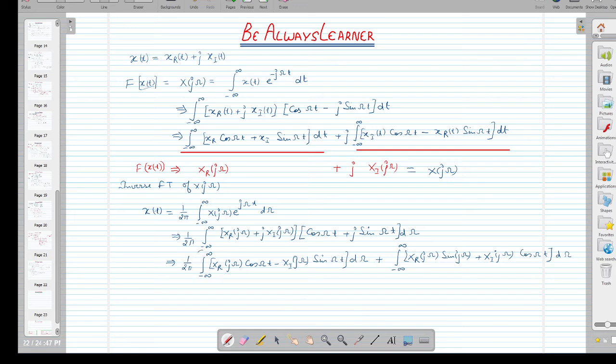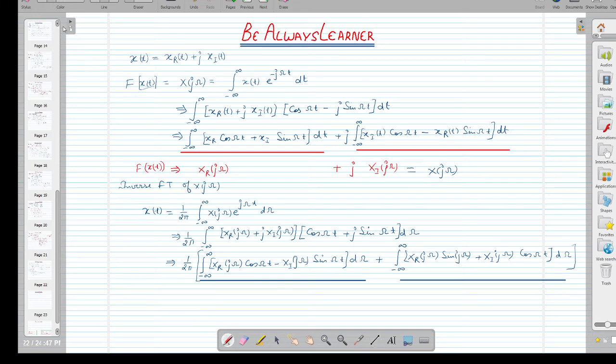Now the entire sequence is represented like this. Now in this portion including 1 by 2π, this is representing the real part and this is representing the imaginary part of the small x.